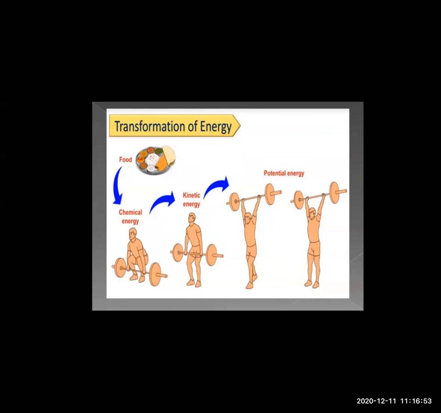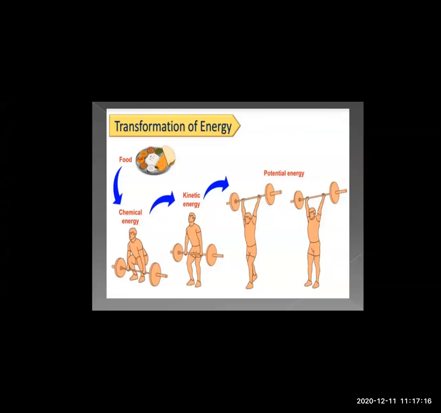Here you can see the person lifting the weight. Okay, in the first picture, what do you see? He is generating the chemical energy. He is generating all the energy because he knows that he wants to lift that weight. So he is generating all the energy in the body. That is known as chemical energy.